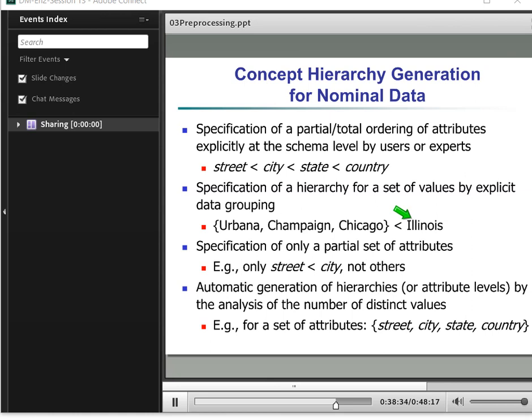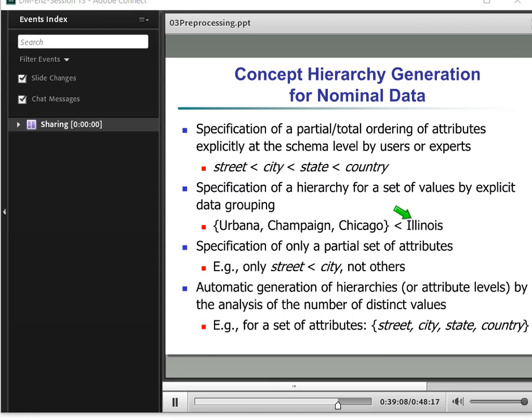And also, I can hide some information. For example, let's suppose I have a data set of patients' information, and in that data set, we have name, family, and address of each patient.